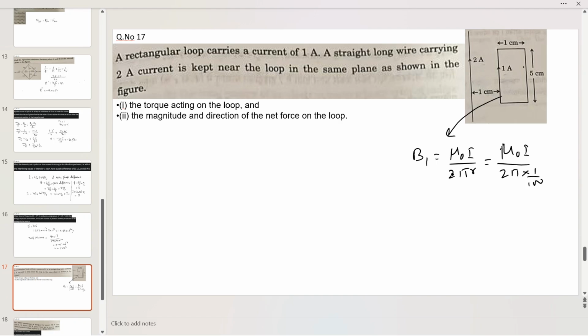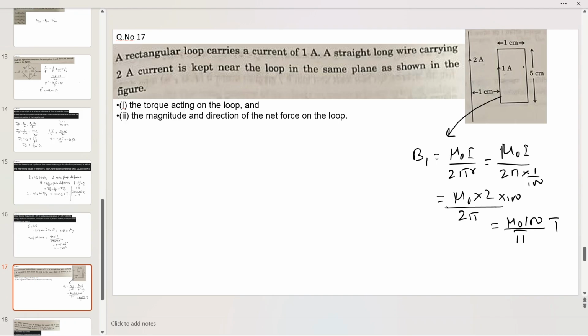It is 1 centimeter apart. So 2 ampere current is flowing through it. So this will be μ0 into 2 divided by 2 pi, into 100. So this comes out to be 100 μ0 by pi Tesla.